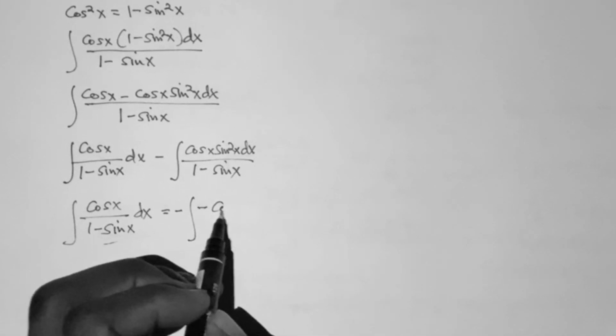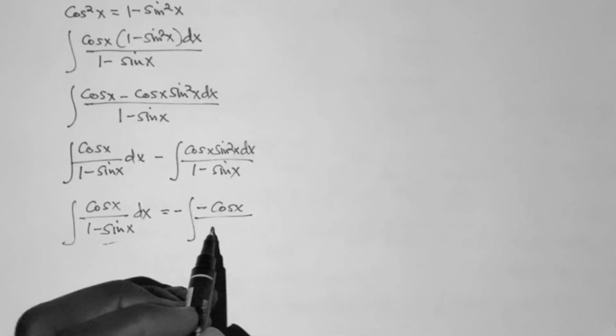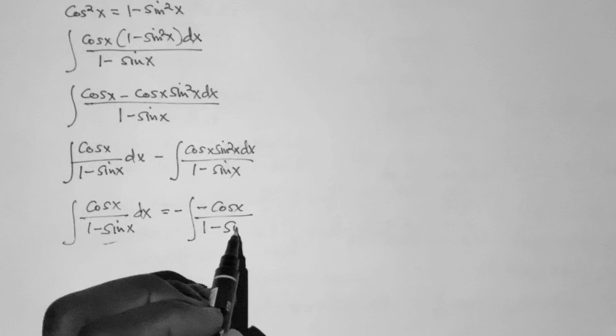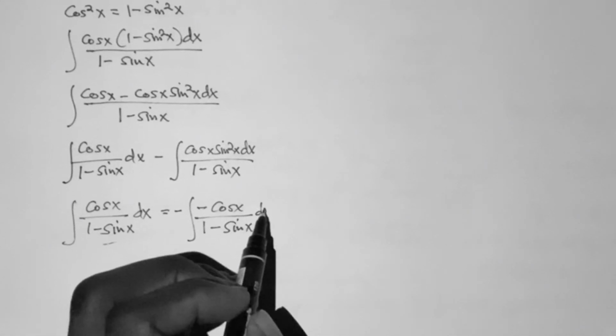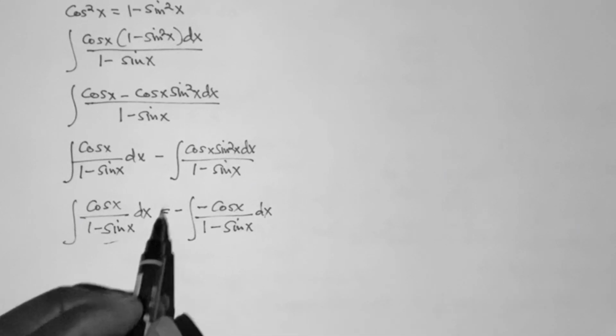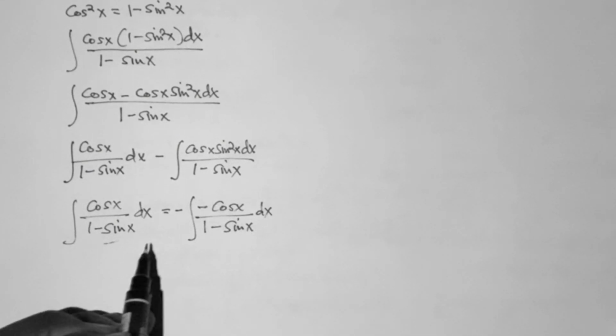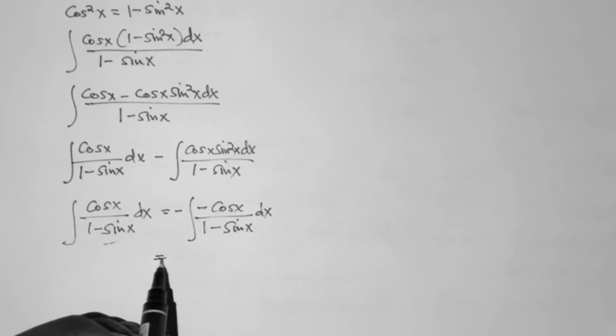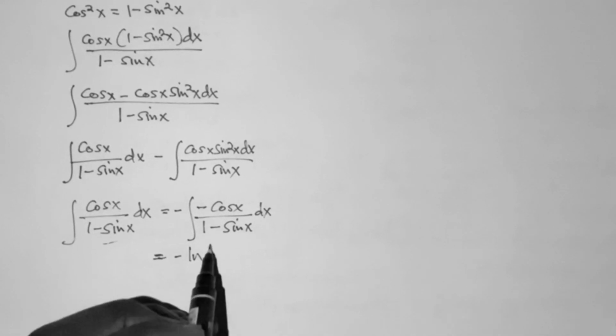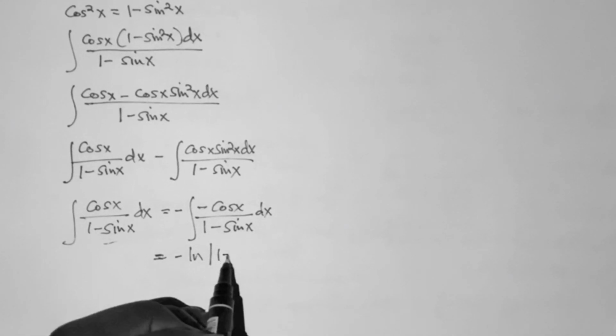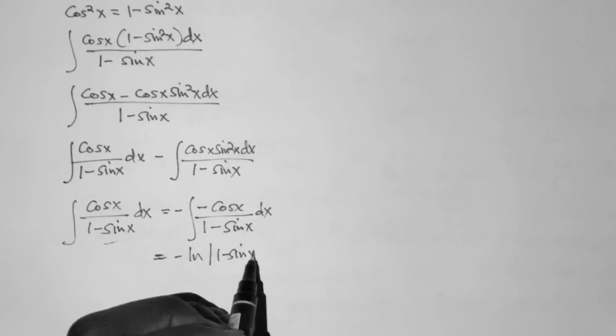Integral of minus cos x divided by 1 minus sine x dx. We have done nothing because minus 1 times minus 1 is still 1. Therefore, this is equal to minus natural log of the absolute value of 1 minus sine x.